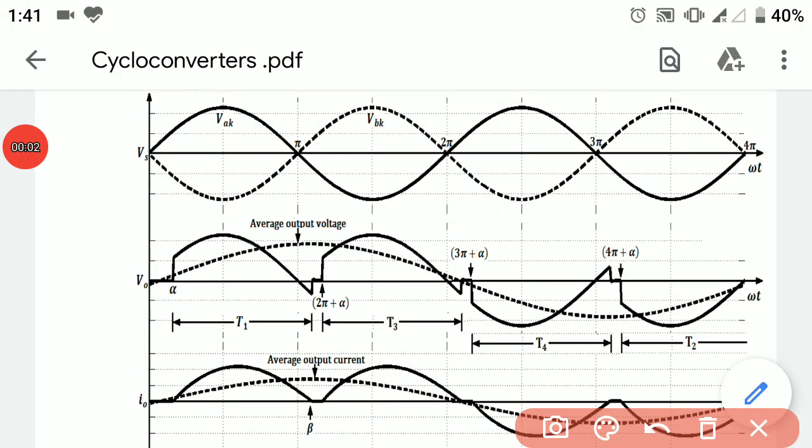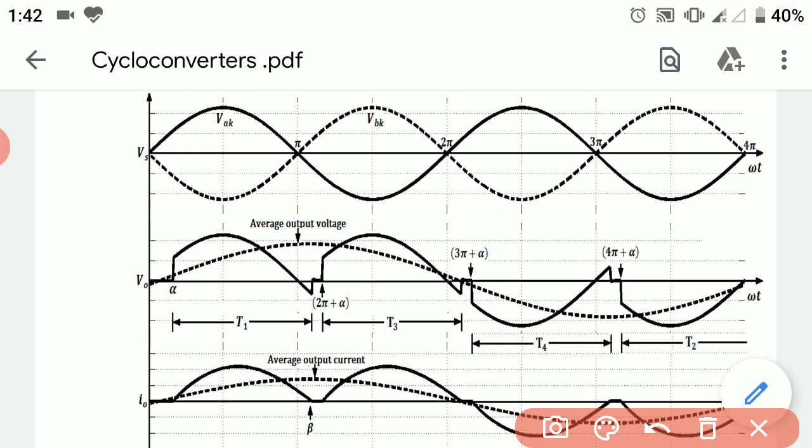This is the output waveform of midpoint step down cycloconverter with RL load having discontinuity in output current. As we can observe, this waveform is quite similar to the waveform that we studied in our previous lecture for midpoint step down cycloconverter with R load.